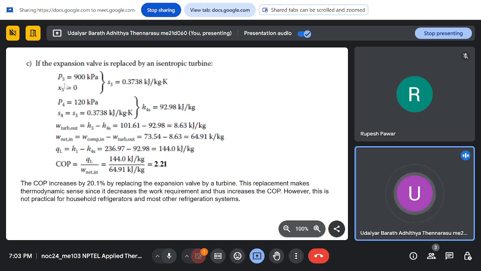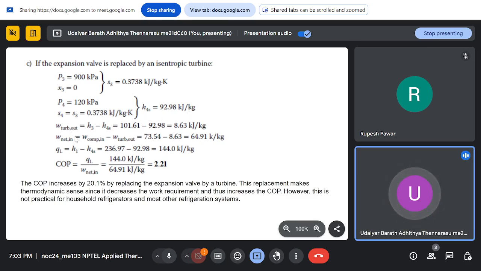P3 initially is 900 kilopascal and x3 is 0, so that entropy is 0.3738 kilojoule per kg Kelvin. The turbine exit is at 120 kilopascal and the same entropy. With this we can locate this point, and the enthalpy corresponding to this state is 92.98 kilojoule per kg.